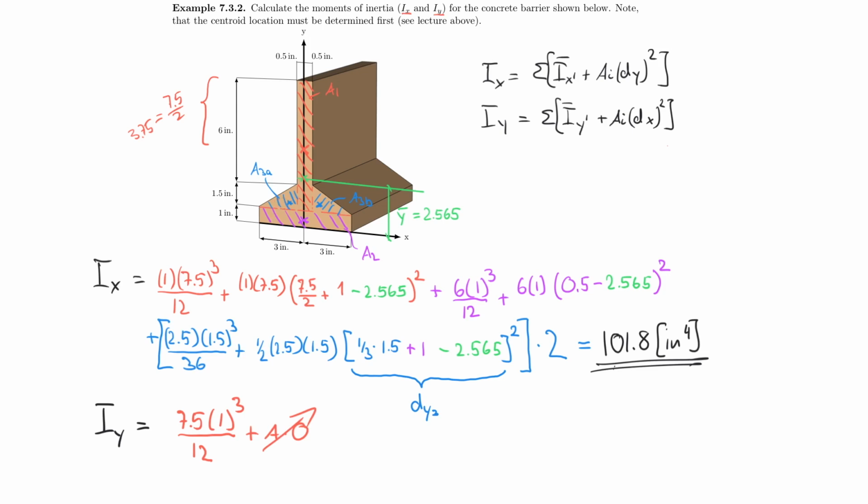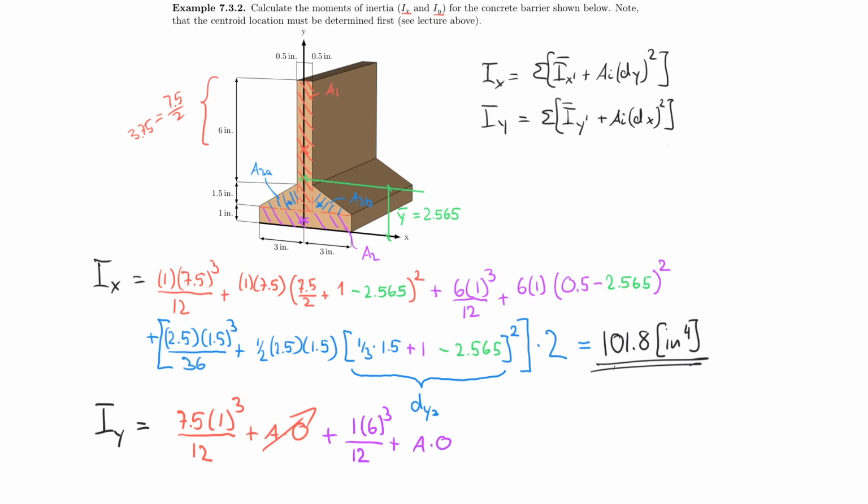So you understand that. I can move on to the shape number 2, which is base times height cubed. And in this case, it's 1 times 6 cubed divided by 12, plus the area times 0 again. Same effect. I don't have to explain that again.